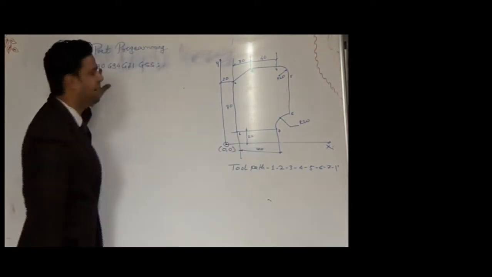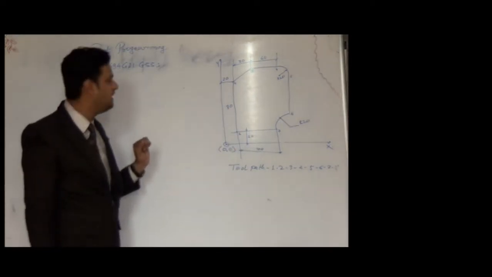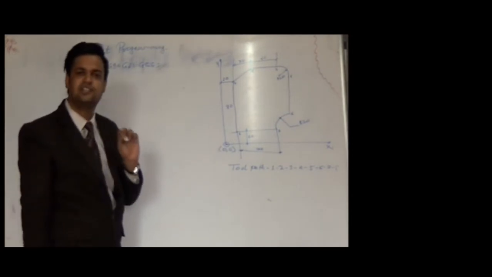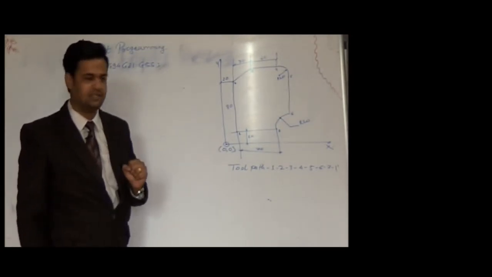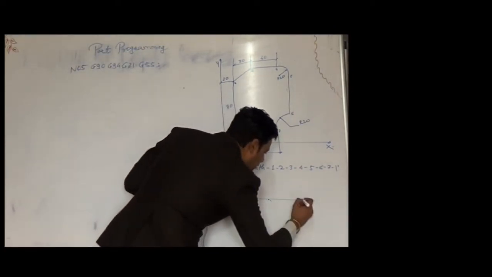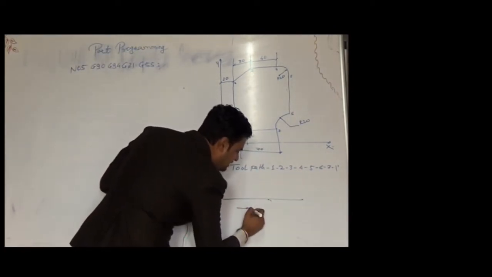Now what is G90? G90 is for the absolute coordinate system. There are two coordinate systems, that is absolute coordinate system and incremental coordinate system. What is absolute and what is incremental? Suppose this is a plain road in the X direction.